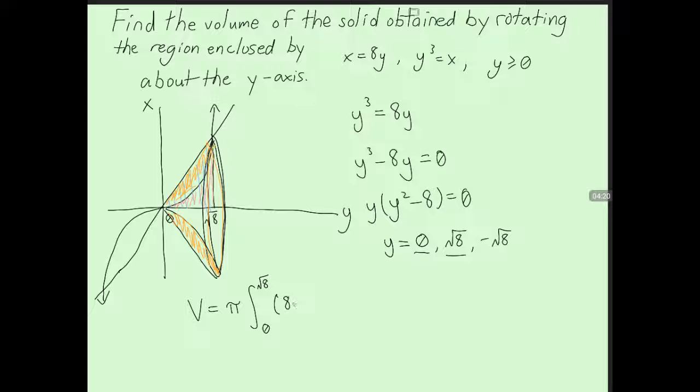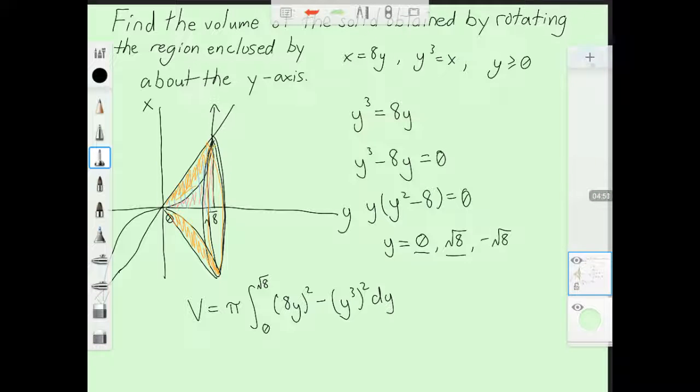So we're going to take 8y and square it, and we're going to subtract the volume of the second one, which is the cubic function squared. And this is going to be with respect to y. So now that we have this, all we have to do is compute this integral. We can do that on a different page.